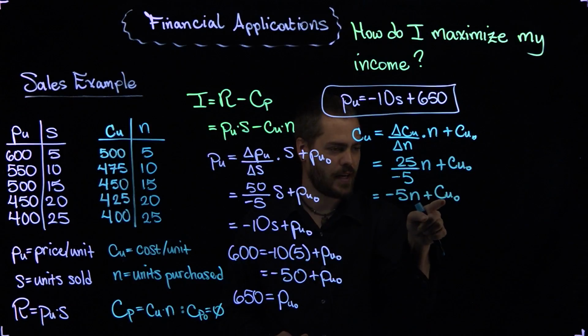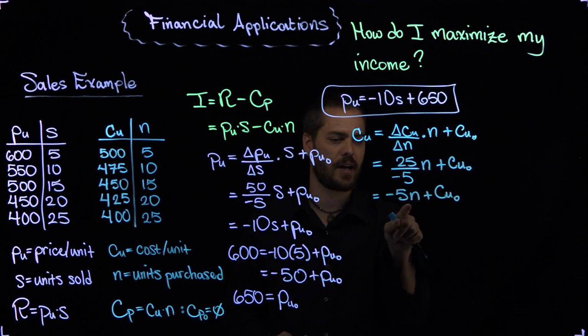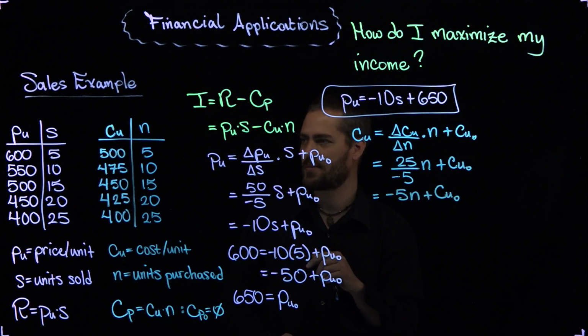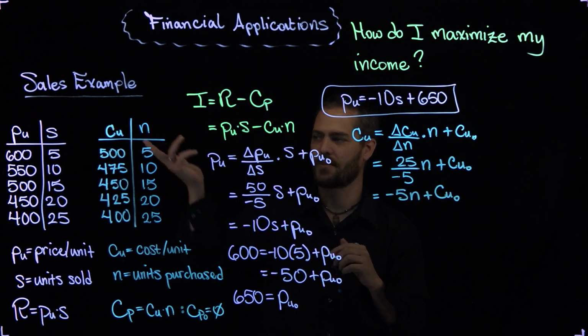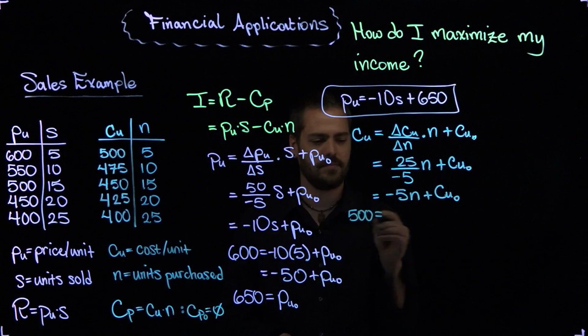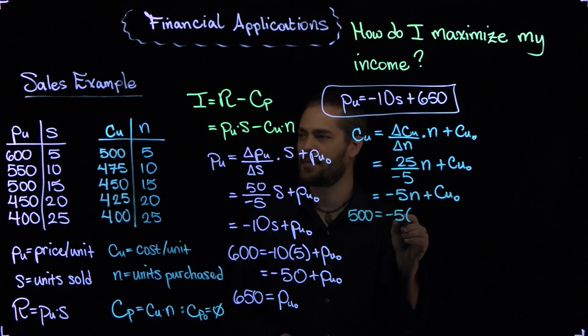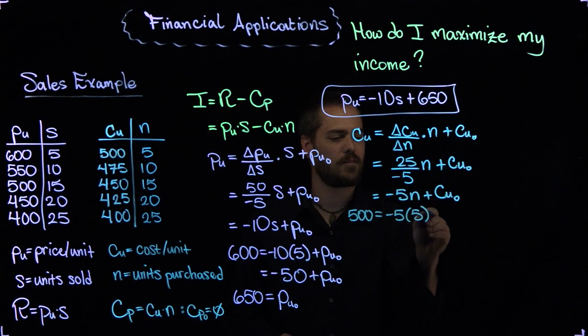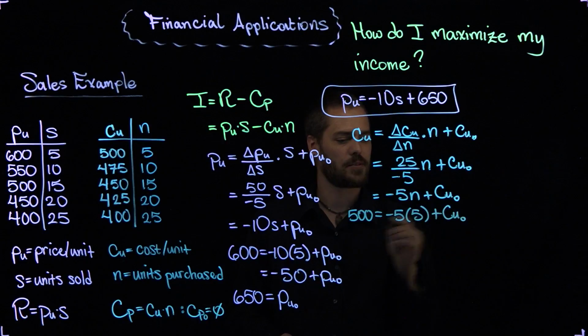And now I want to find this, so I'm going to plug in a value for n and my cost per unit given by the table. I'll just start with the first one. So I can say that 500 is equal to negative 5 times 5 plus the initial quantity here.